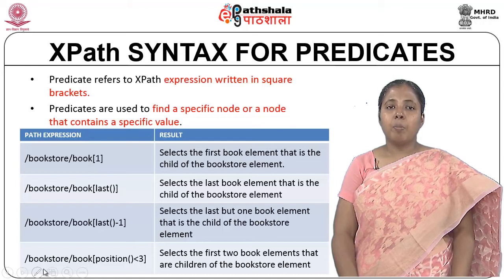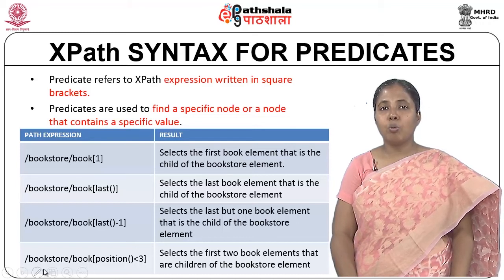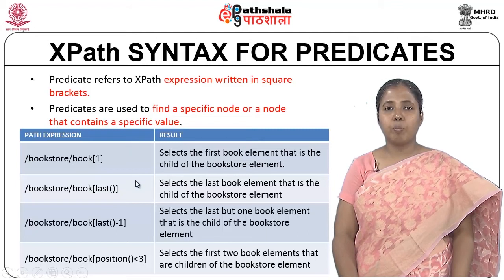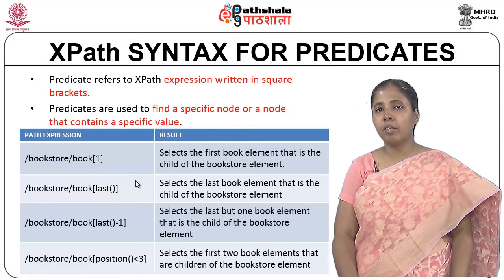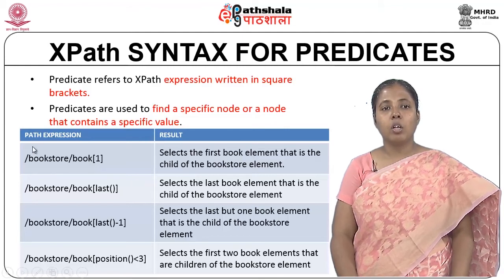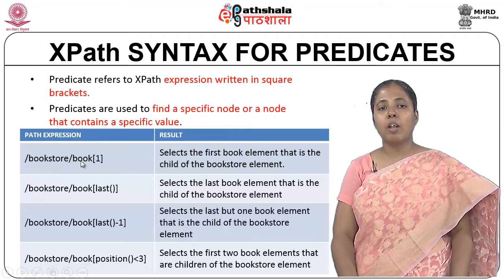Now, this XPath syntax can also be used with predicates. Predicates refer to XPath expressions written in square brackets, and predicates are used to find a specific node or a node that contains a specified value. Now, the path expression is given as /bookstore/book.